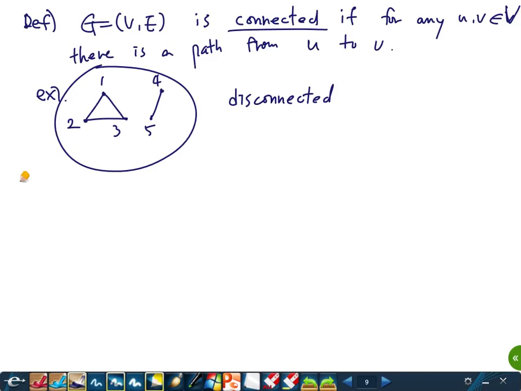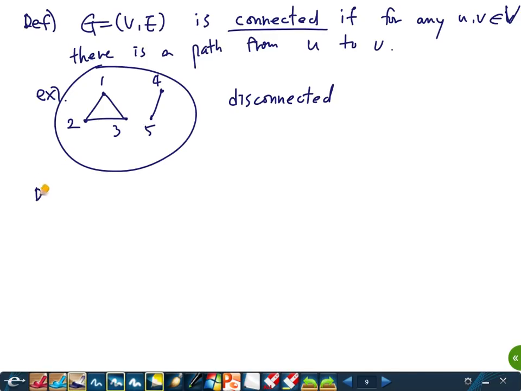Or if you learn algebra, we say subgroups, something like that. So usually in mathematics, it means it is a part of something, but it has the same structure. I mean, the same kind of object, in the same category.